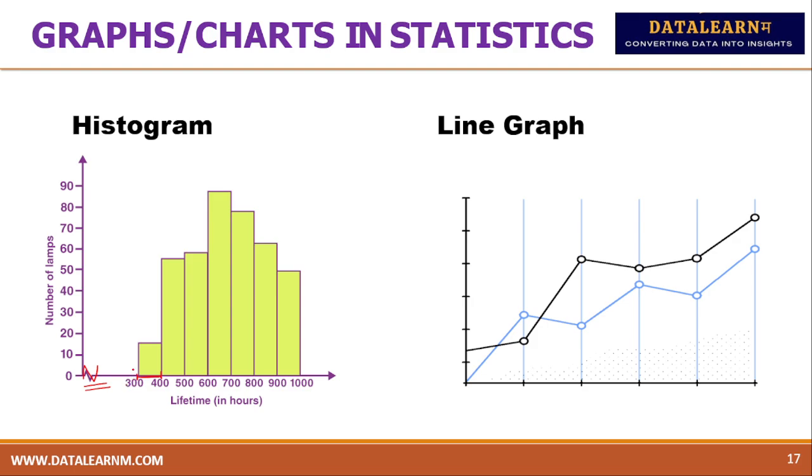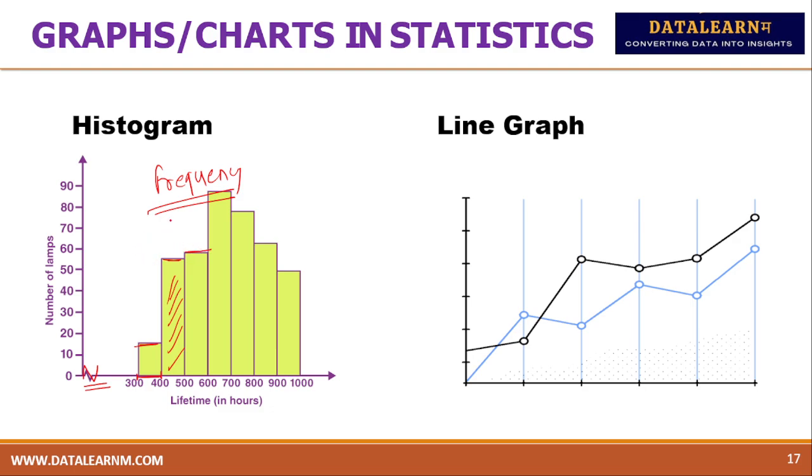If we want to start somewhere in between, we can use that break sign. Each bar's area shows how many values are there in the range of 400 to 500. For that, we prepare a frequency table. What is the count between 300 and 400? Suppose 15 values. In 400 to 500, 55 values are there, then 58 values, like that.